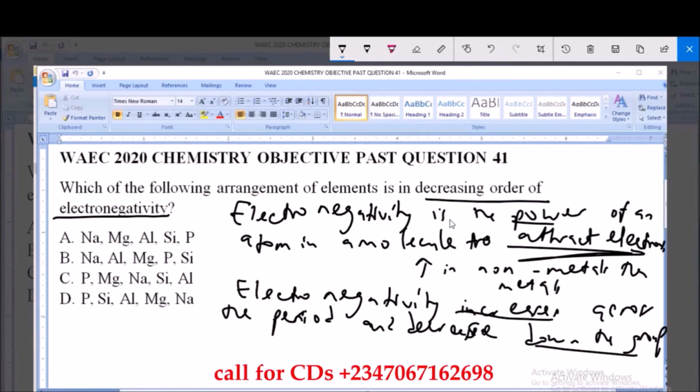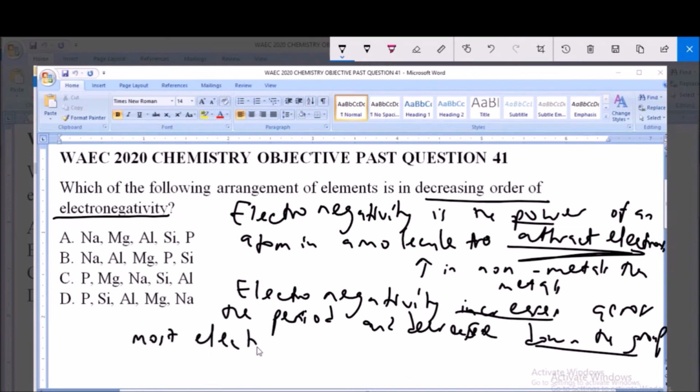Now, if you are to arrange in decreasing order of electronegativity, that means you have the most electronegative element first, and the least electronegative element last. Looking at the options, what we have here are period 3 elements.